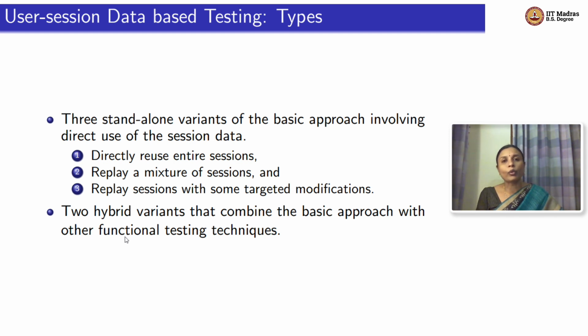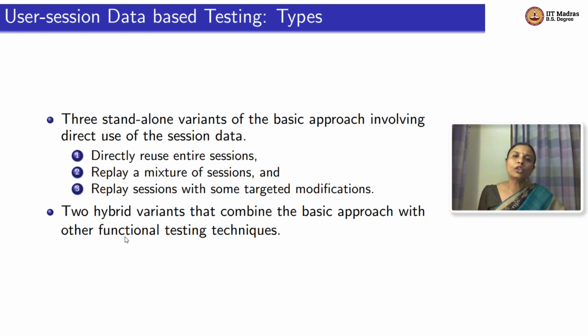For example, suppose age is an input and the highest value of age that can be taken is 110. Then you provide age as 110, 111 and replay the user session data. So this is a hybrid variant because it uses a classical testing technique that we learned, like boundary value analysis, combined with user session data.